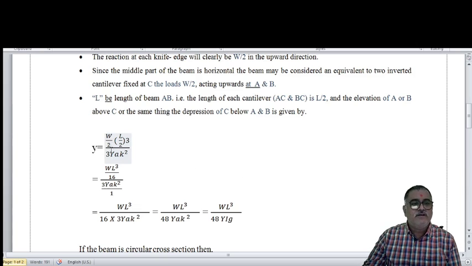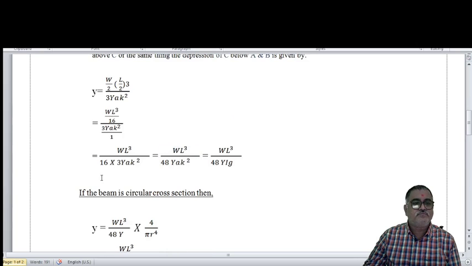Therefore y equals W by 2 times (L by 2) cube by 3YI, that is W L cube by 16, because the cube of 2 is 8 and 8 multiplied by 2 is 16, divided by 3YI. By simplification we get W L cube by 48 YI.